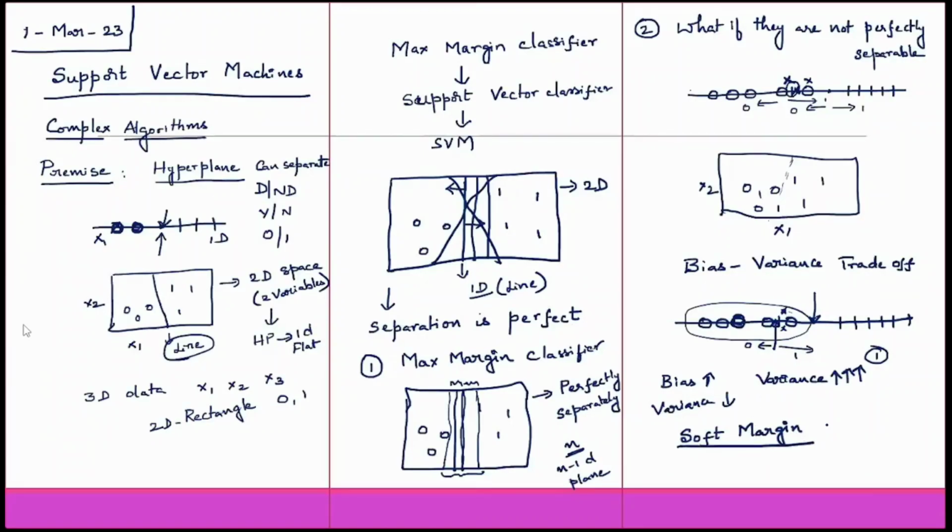So you put some kind of a margin called epsilon, which we are calling the distance between the threshold and the observation. So you are putting some kind of a margin.